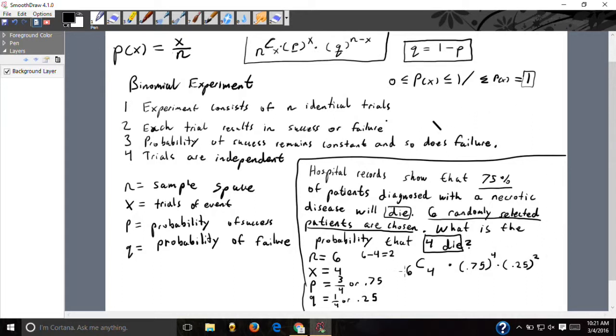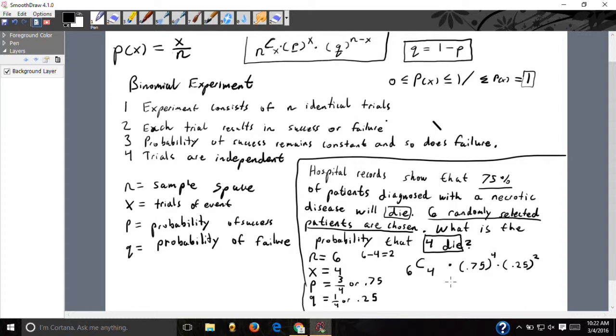Now let's take a look at something before we do any calculations. I notice that 0.75 plus 0.25 is equal to 1. So I know that so far I'm good with my probabilities of success and failure. Also, 4 plus 2 is equal to 6. So that's another way that you can know that you're doing this right, if this power plus this power equals your sample space.